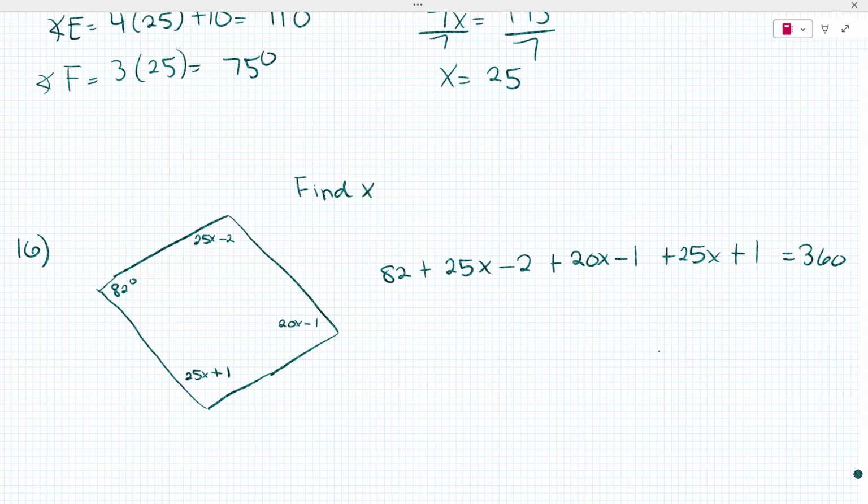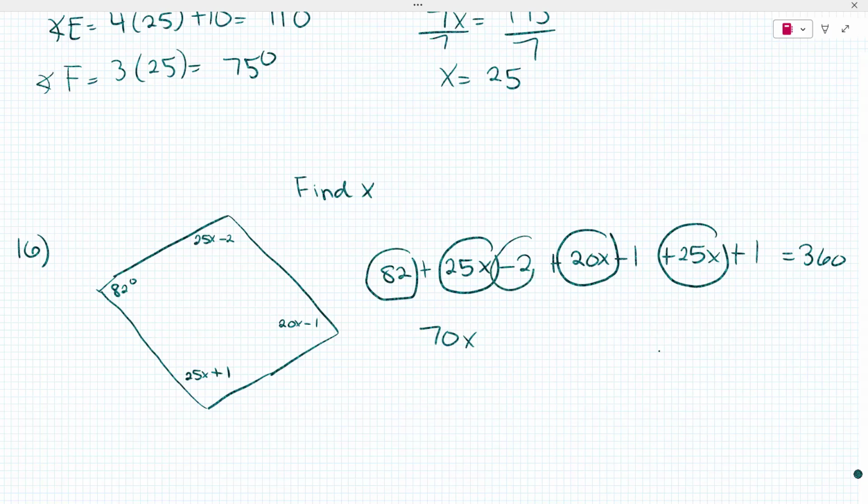Okay, collect like terms. Let's add up all the x's, and don't forget this 20x. So 25x plus 25x is 50x, plus 20x, that is 70x. And then collect your constants, 82, minus 2, minus 1, plus 1.